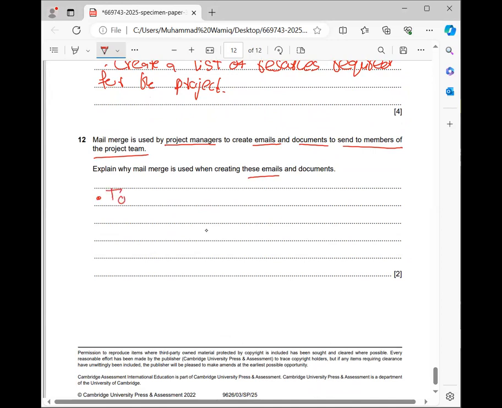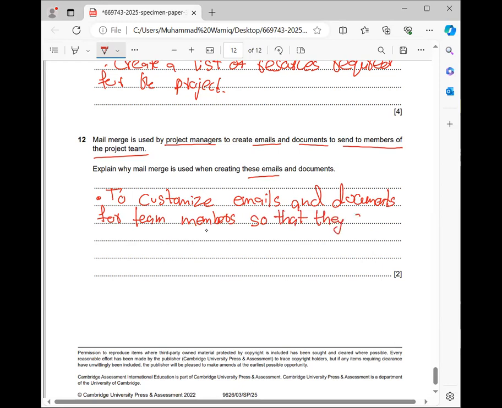I use them to customize emails and documents for team members, so that they show individual team member names.